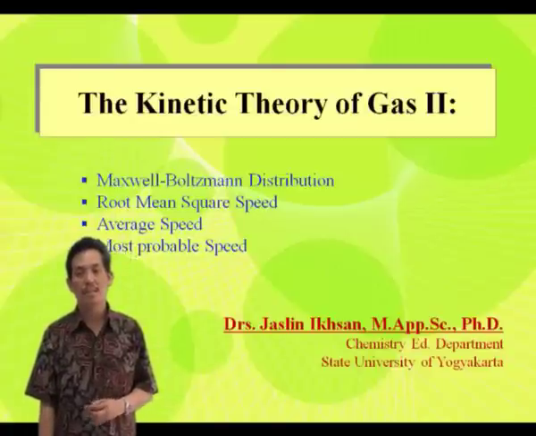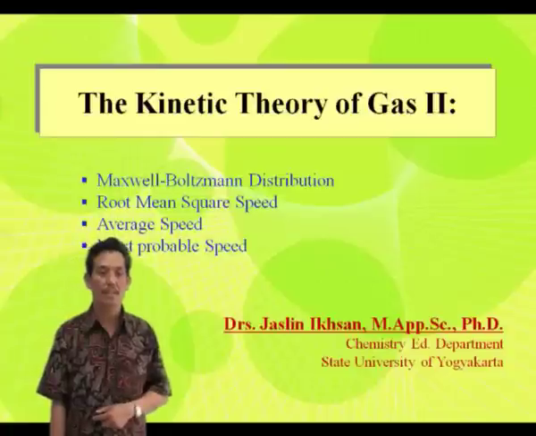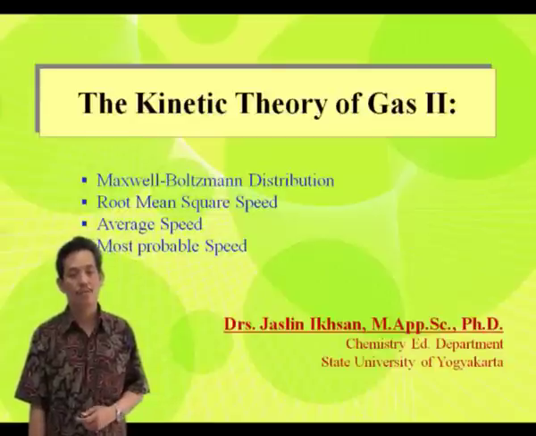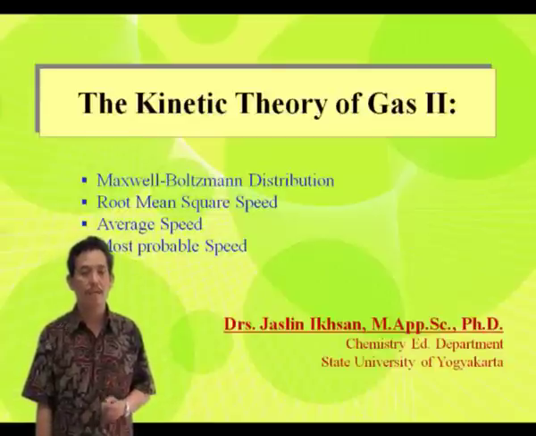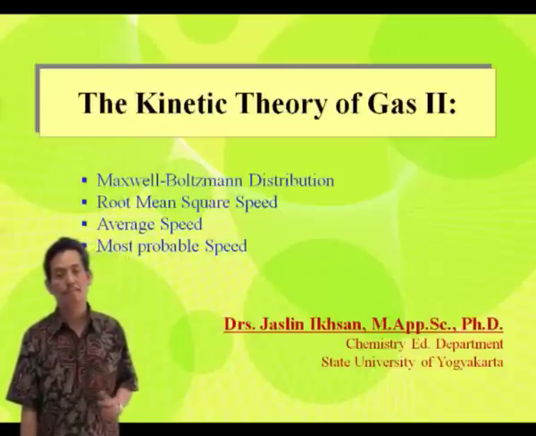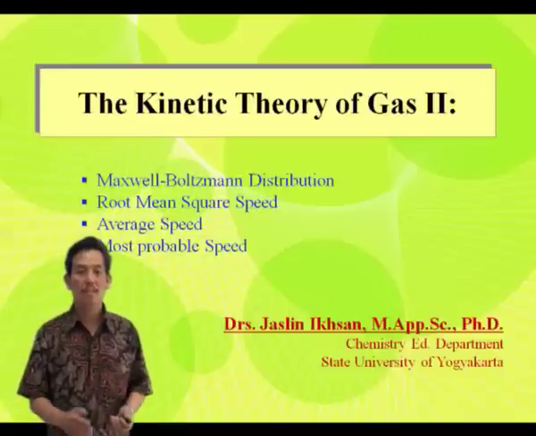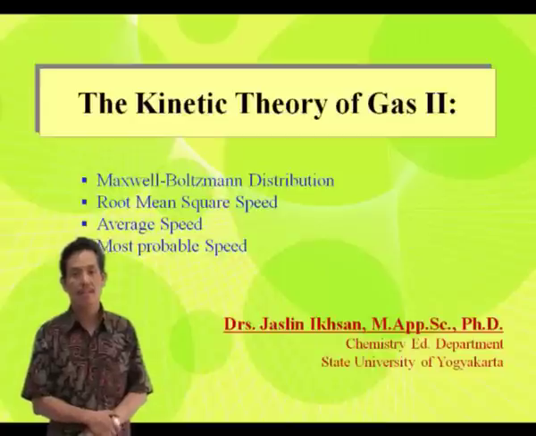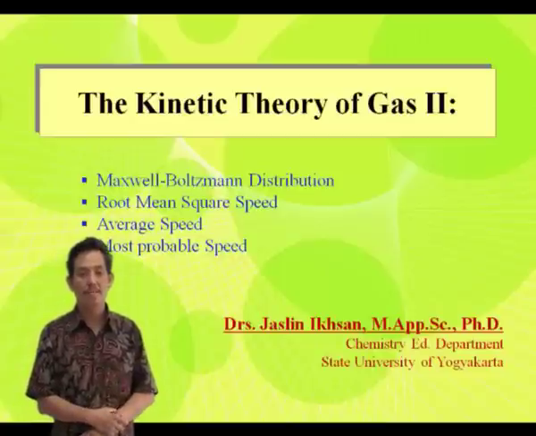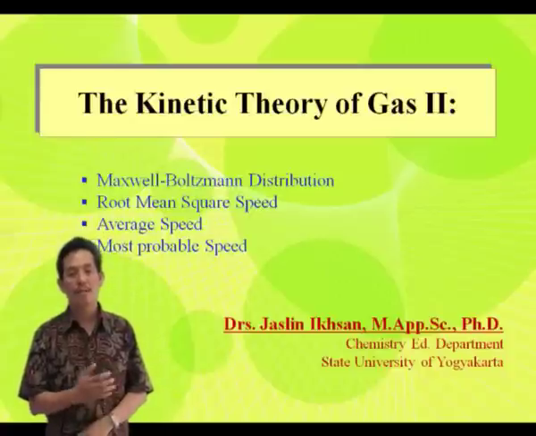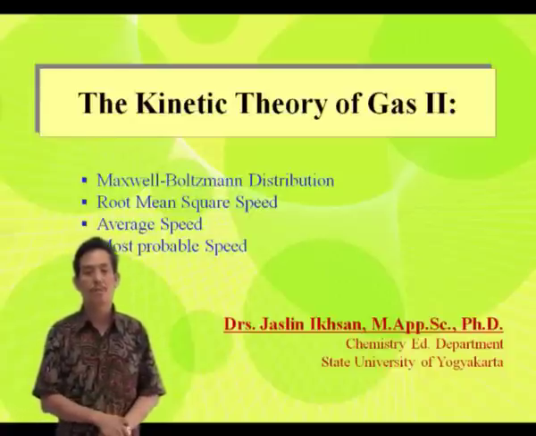Actually, in the previous meeting, we also already calculated the root mean square, average, and most probable speed. The difference is, last time, we derived it from the gas pressure and momentum, but today we would like to calculate it from Maxwell-Boltzmann distribution.